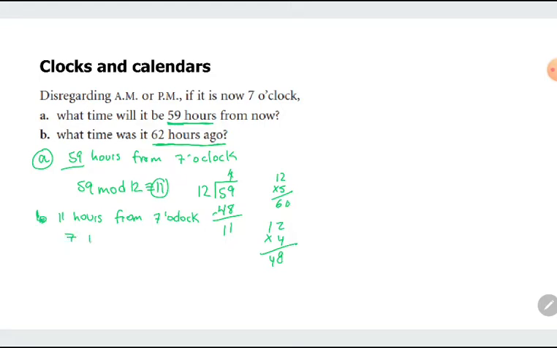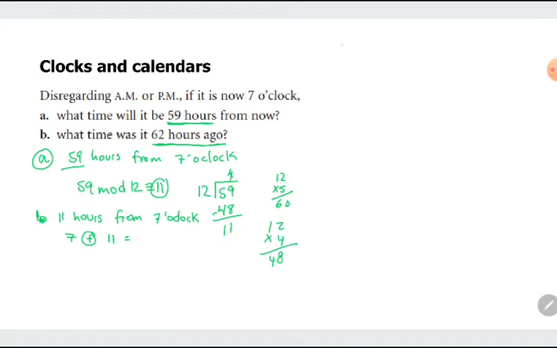In symbol form, 7 o'clock plus, and on the plus you put a circle to say that we are dealing with clock arithmetic. Ano po? And then you will add 11 hours to 7.